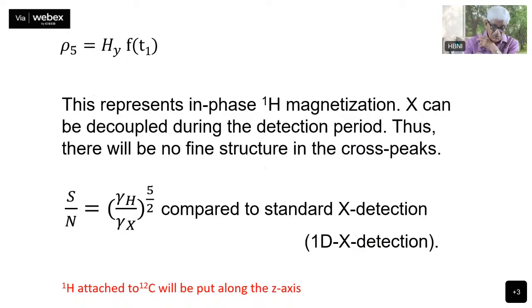Okay, therefore now you see we have excitation of the proton and detection of the proton. Therefore, the signal to noise enhancement will be (γH/γX)^(5/2) compared to what we had if we had X detection.